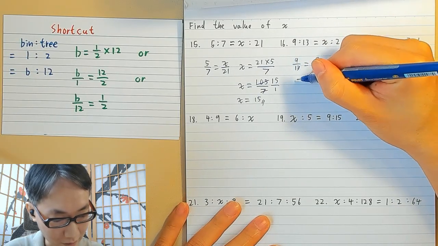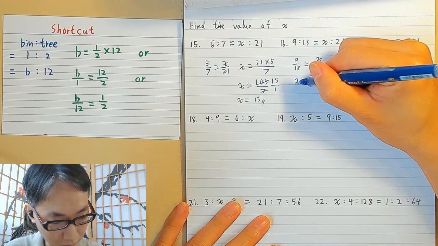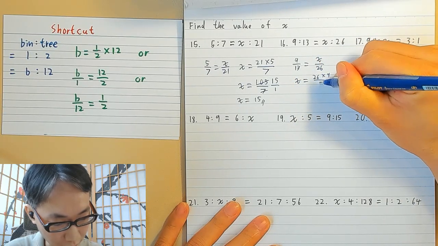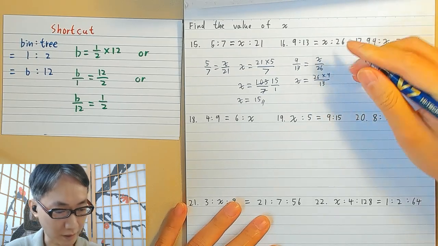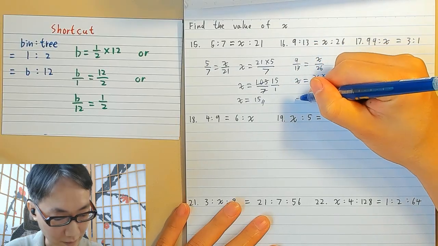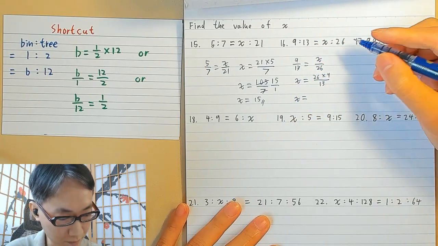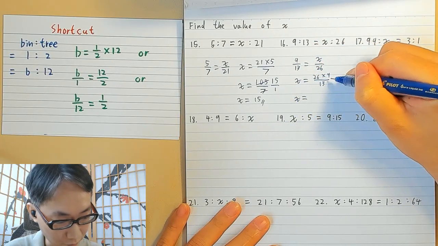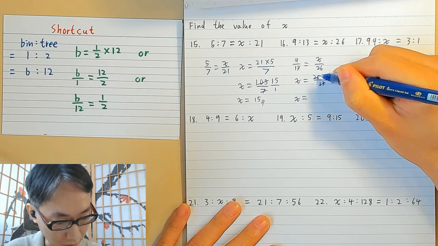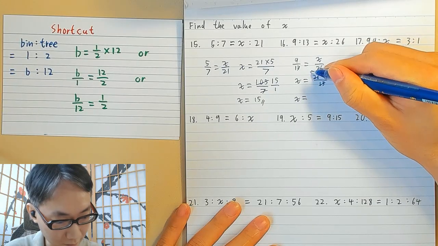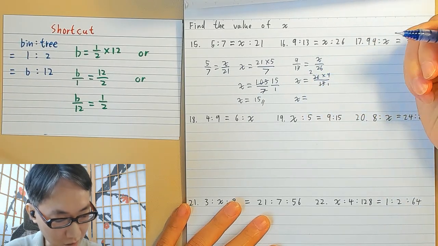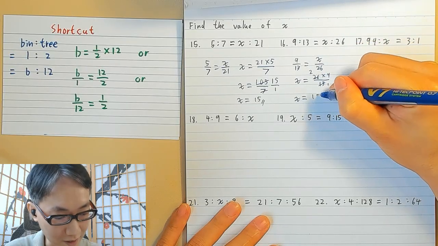So x equals 26 times 9 over 13. Okay, multiply both sides by 26. And x equals, so 26 and 13 can be simplified. I divide both by 13. So this is 2, this is 1. So 2 times 9 over 1 will be 18.